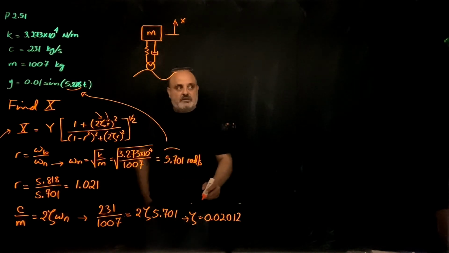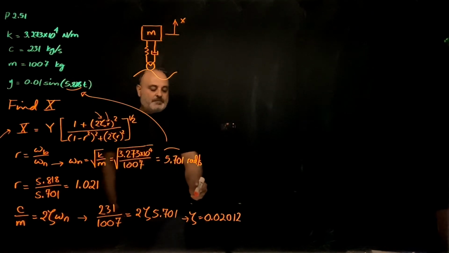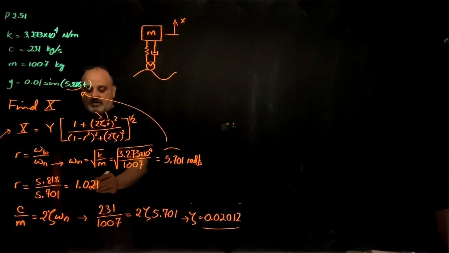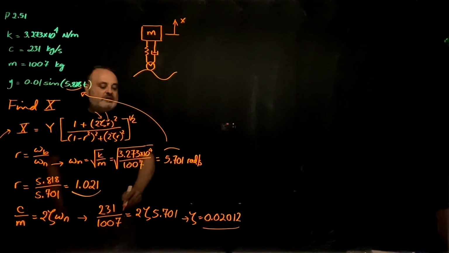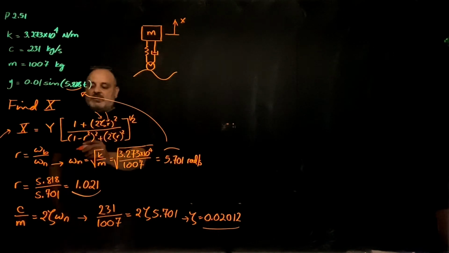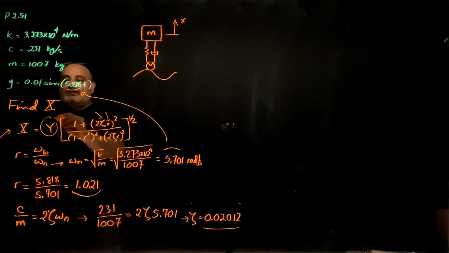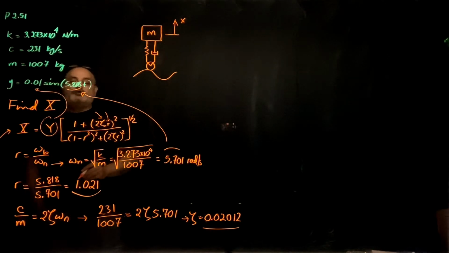Now, given this zeta and r, I can substitute both zeta and r, and I know that y is 0.01.